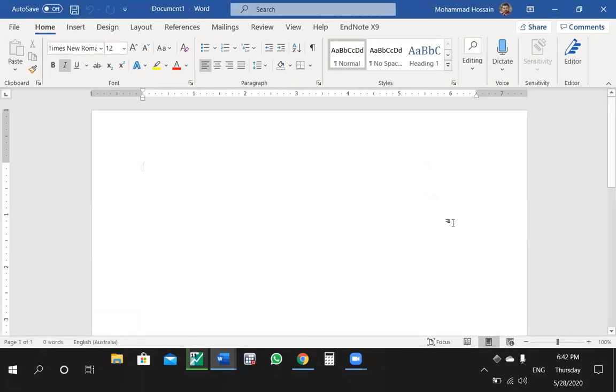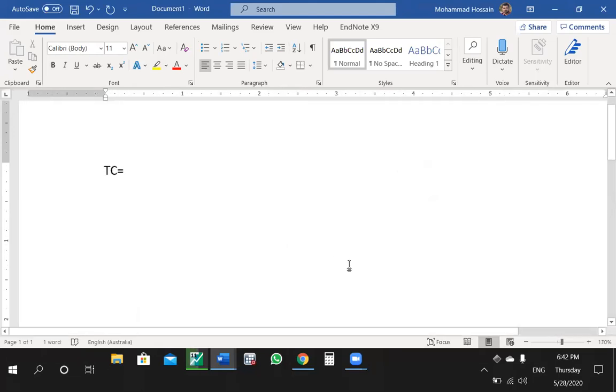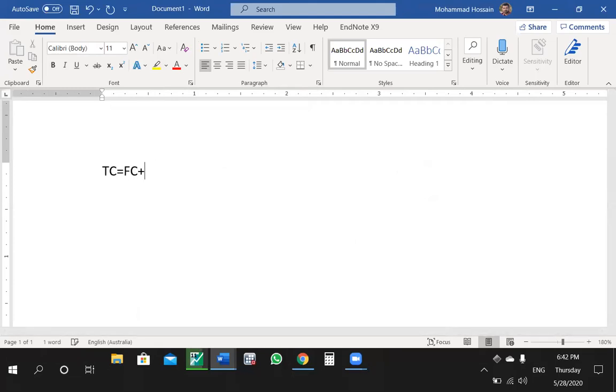Control and a new page. I want to draw it by myself. Okay, how it works. So I will say here that total cost is equal to, I don't know if you guys can see it, I'll make it bigger. Total cost is equal to fixed cost plus variable cost. That's how we calculate our total cost.